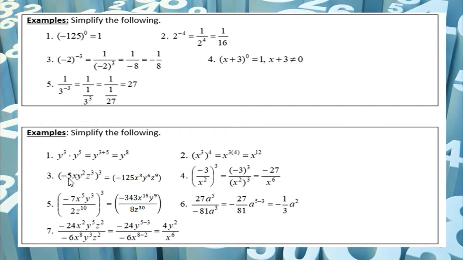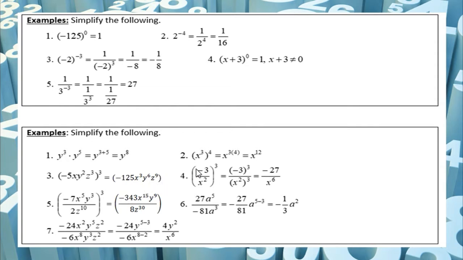So, negative 5 cubed, that is negative 5 times negative 5 times negative 5, that is equal to negative 125. Then, x is cubed, so x cubed. The y squared cubed, we multiply, so it becomes y to the power of 6, and then z cubed, then cubed again. So, that is z to the power of 9.